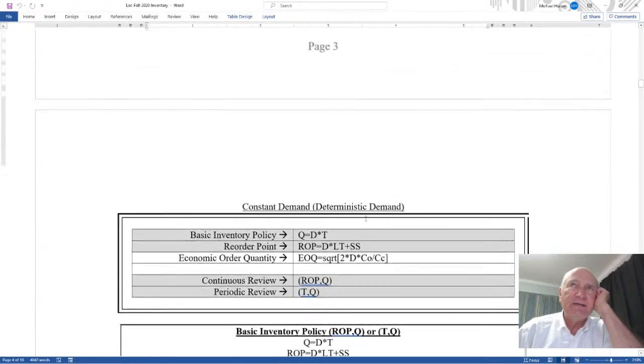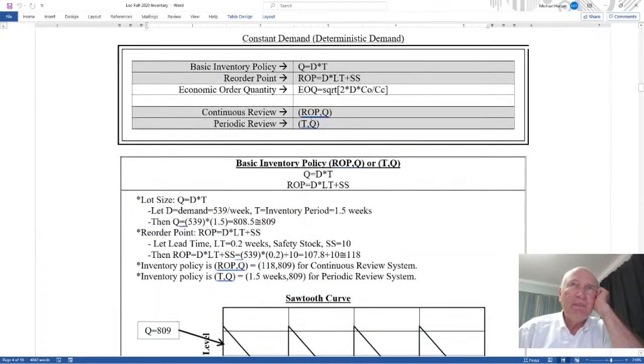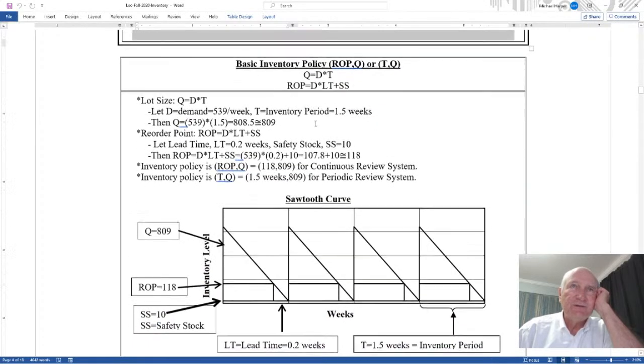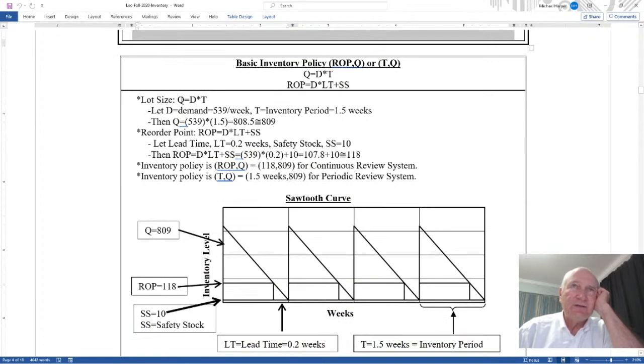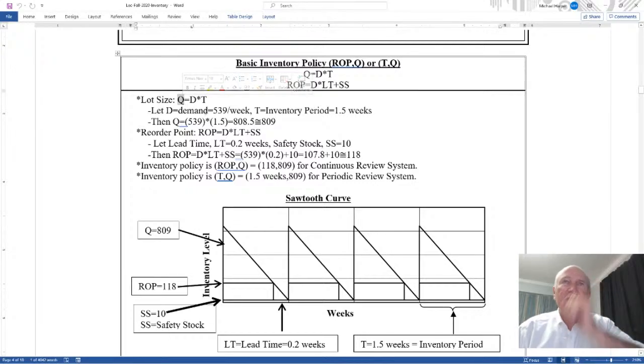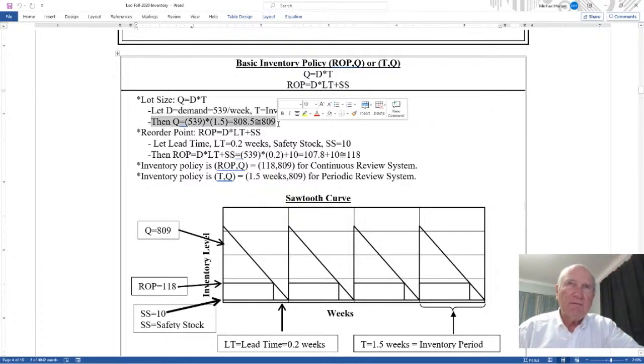Okay, you see here on page 4, we have the basic inventory policy Q equals DT with ROP, so let's look at these equations. My lot size here is Q, and Q can be calculated with the demand times the inventory period, T. For example, if both of these are in weeks, then that's my Q. It's real simple, you multiply.